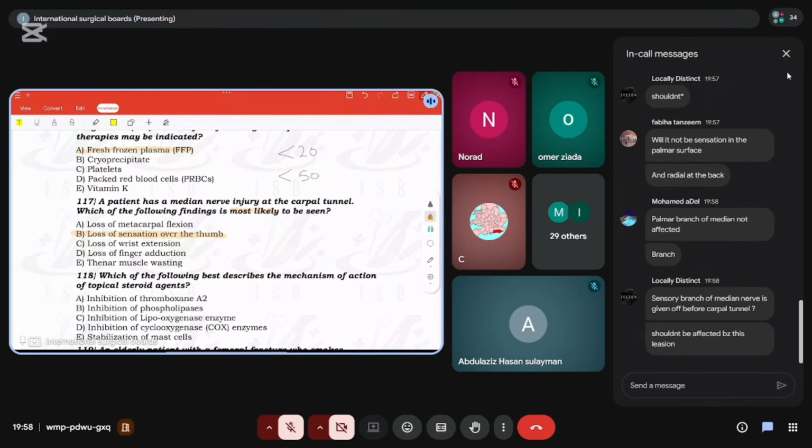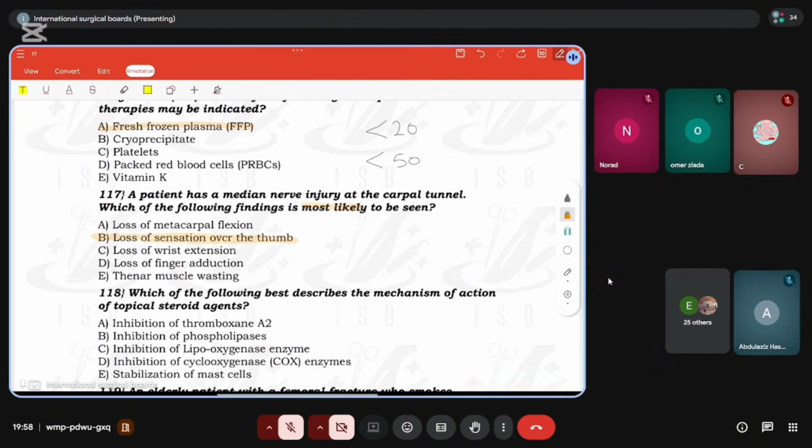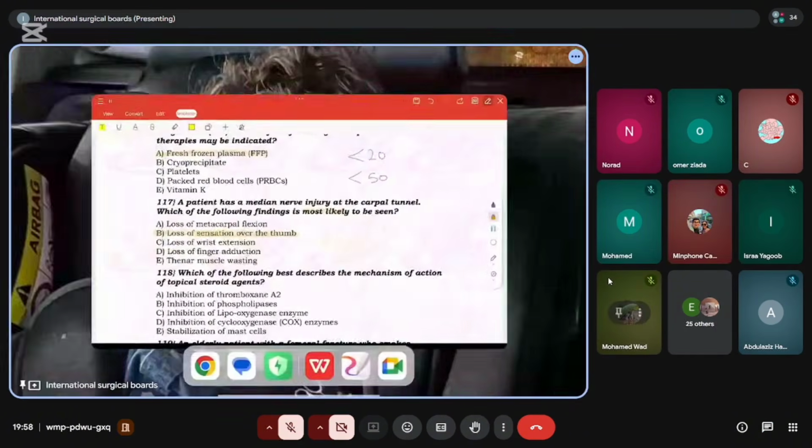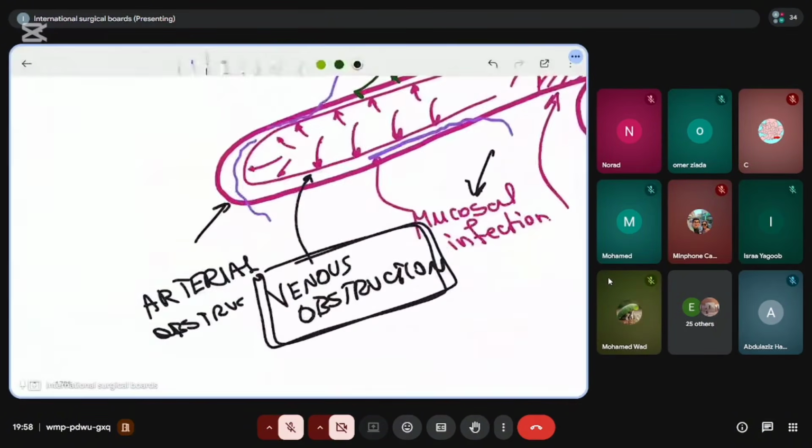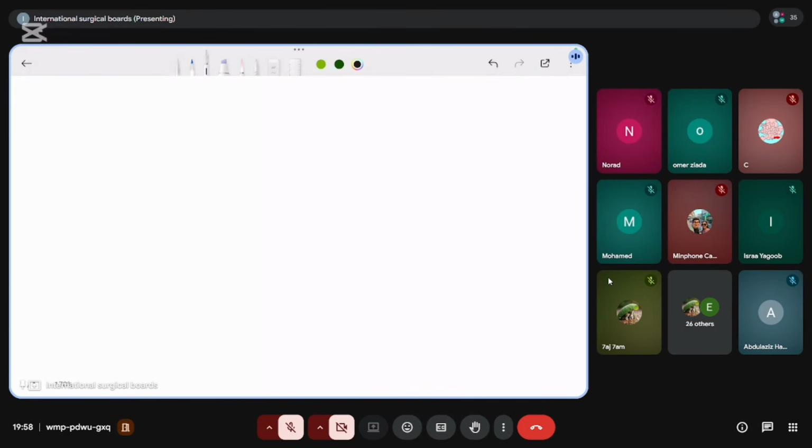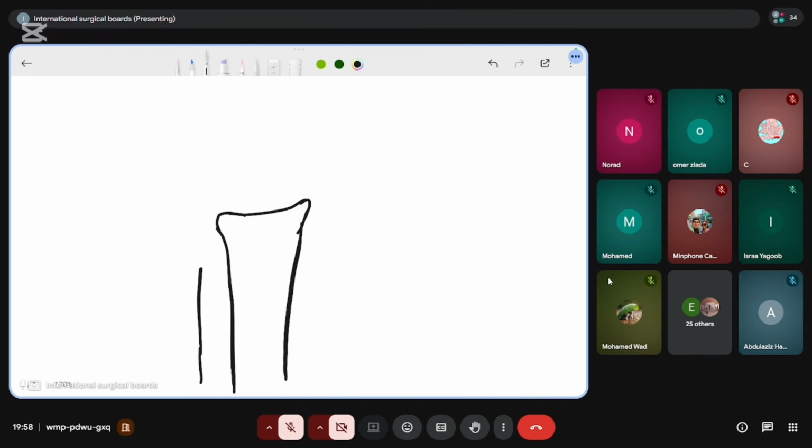Let me clarify, I think you guys are confused. Let me clarify that to you, okay? Let's revise some of the anatomy first. This is distal radius. And this is distal ulna, and ulnar styloid and radial styloid.